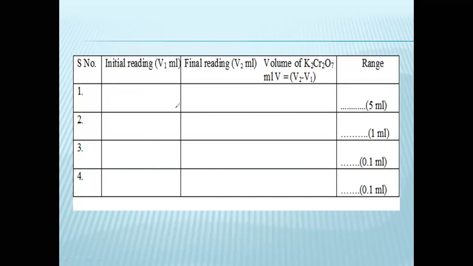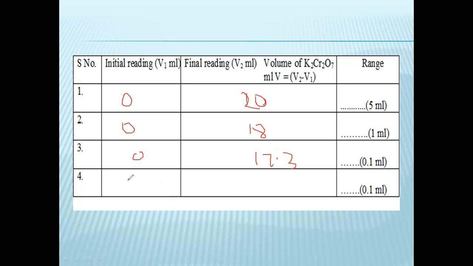Let us say this is your initial reading 0, and your final reading will be 20. This is the 5 ml range. Then again you start with 0, and in the 1 ml range the final reading will be 18. Then this is 17.3, that is the 0.1 ml range.